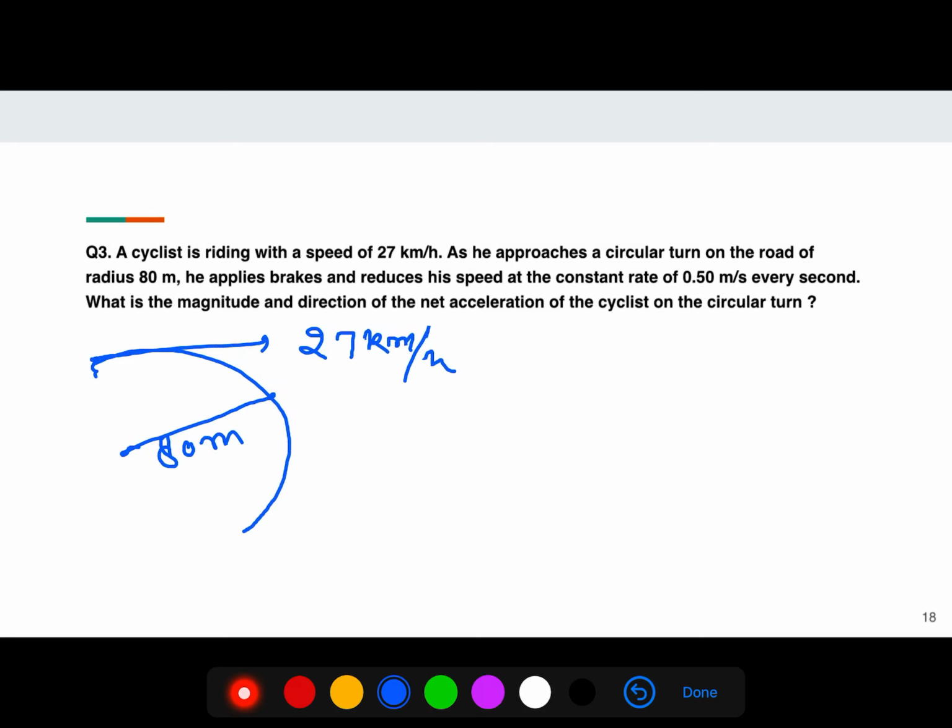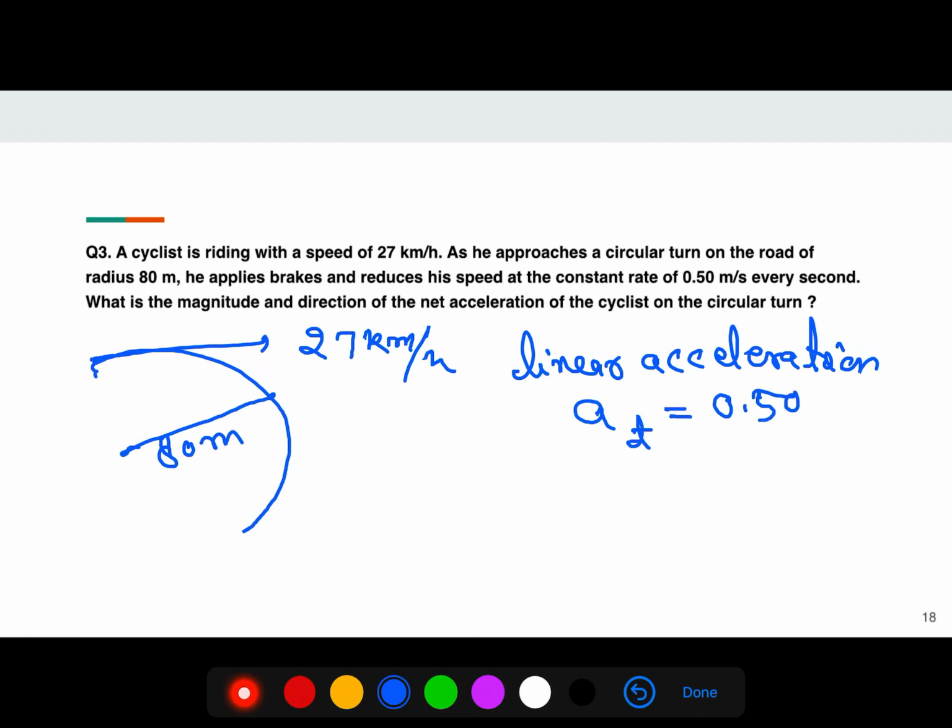He applies brakes and reduces speed at a constant rate of 0.50 meter per second every second. So the linear acceleration, it may be tangential, denoted by AT, will be 0.50 meter per second square, because the speed is changing by 0.50 meter per second in 1 second.